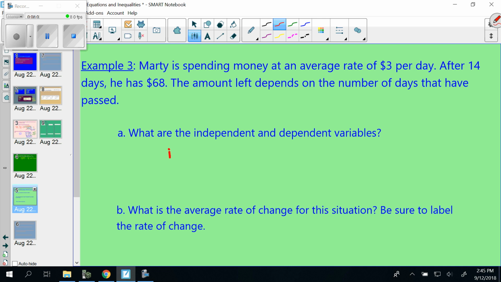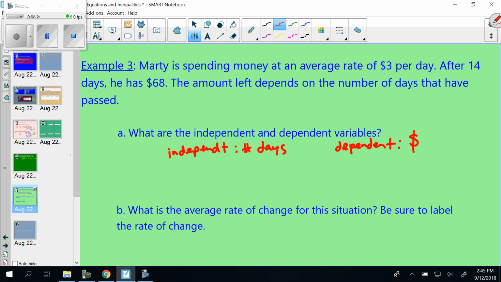So our independent variable here would be the number of days, because that's what we input, and then our output would be our dependent variable. That's what we get out, and in that case, this would be the amount of money here.